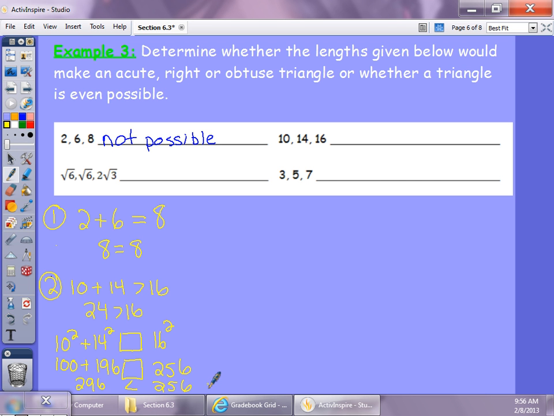So remember, if the longest side squared is smaller, let me change the sign. We said it's going to be smaller. Okay. So remember we said if the longest side squared is smaller than the sum of the squares of the two smaller sides, then this is going to make an acute triangle.